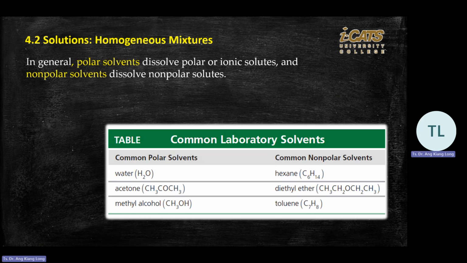The solvent will dissolve the solute; the solute cannot dissolve the solvent, so don't mix up the sequence. And a non-polar solvent dissolves a non-polar solute. So polar to polar, non-polar to non-polar.